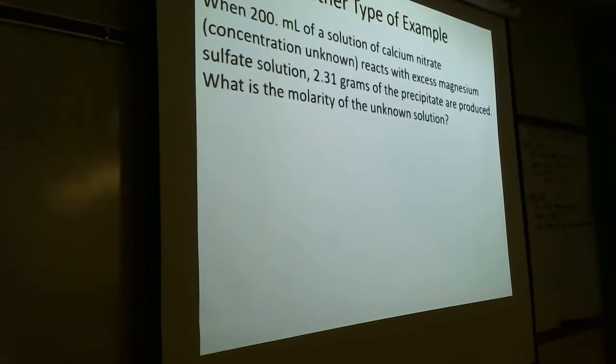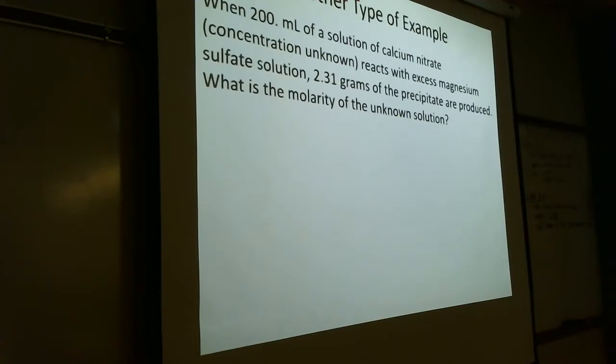When 200 milliliters of a solution of calcium nitrate, and its concentration is unknown, we don't know what its concentration is, reacts with excess magnesium sulfate, 2.31 grams of the precipitate are produced. What is the molarity of the unknown solution? So again, this is still solution stoichiometry, but we're looking for a different variable this time. 200 milliliters of calcium nitrate of unknown concentration.